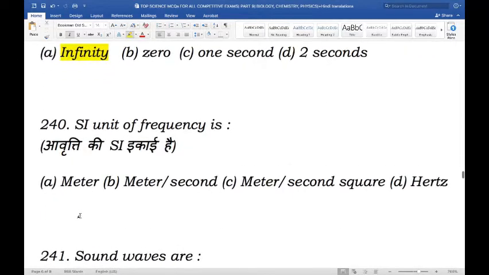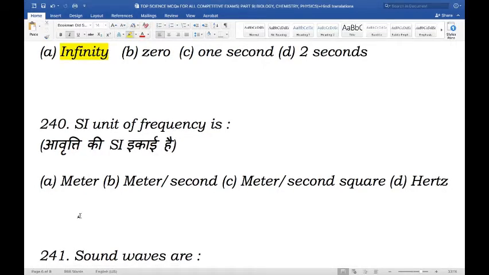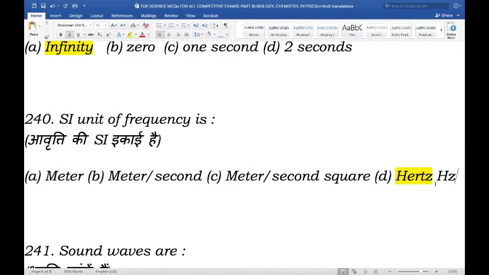Next question. SI unit of frequency is it A, meter, B, meter per second, C, meter per second squared, or D, hertz? So the international system of unit for frequency is D, hertz. 1 hertz is the same as 1 cycle per second.